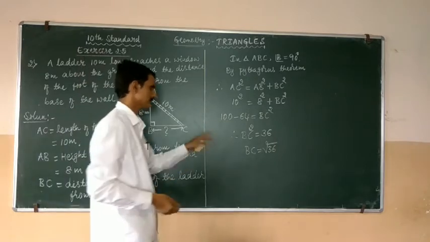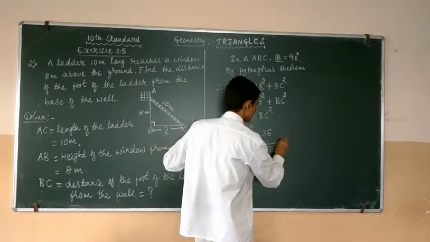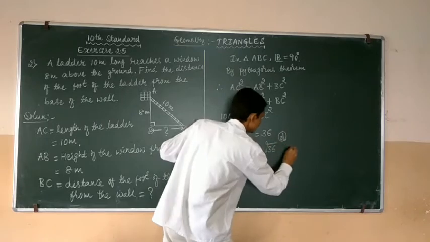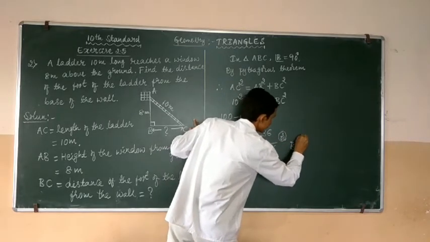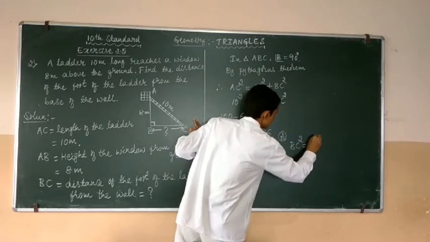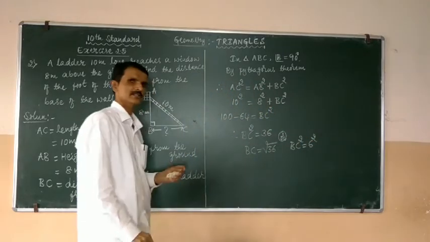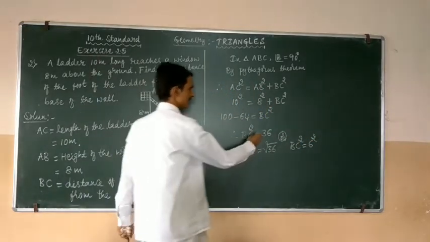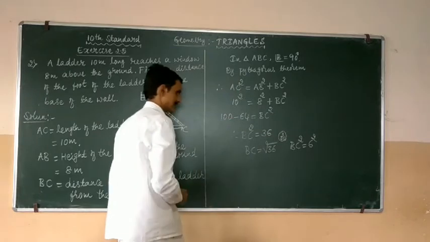Or in this step you can write BC square equals 6 square, because 36 is the square of 6.